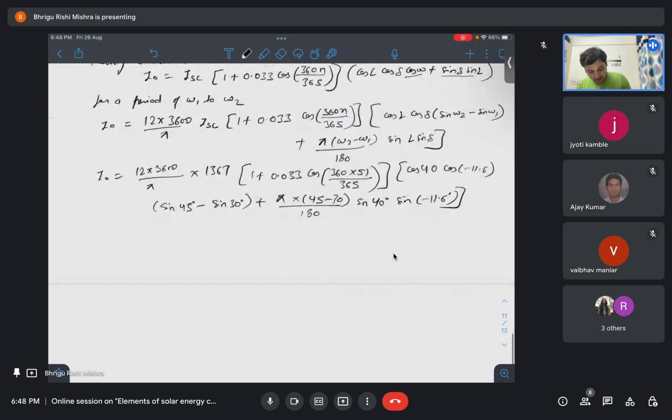So if we calculate this, the extraterrestrial radiation for 2 to 3 pm will be 5.807 megajoule per meter square.